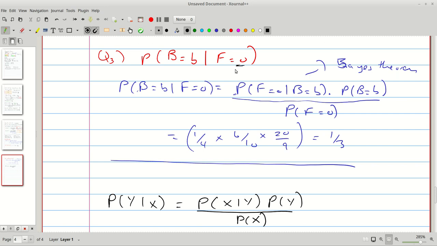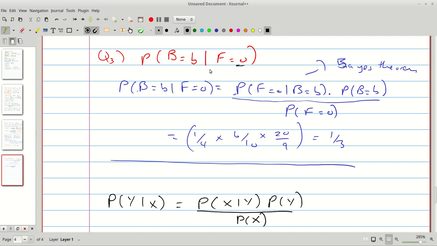And then, given that the fruit is an orange, we want to know which box it was selected from, right? But imagine we had been asked which box had been selected before we actually knew that the fruit was an orange, right? So we are just trying to find the probability that the box is equal to B, right? This is essentially what this is.